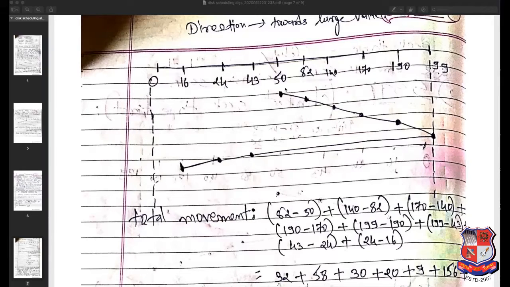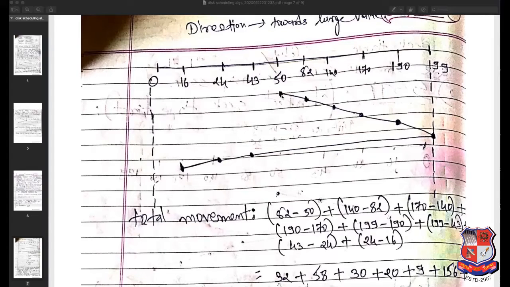The total number of tracks given in the question is 200, so the tracks run from 0 to 199. My starting value is 0 and the ending value is 199. My current head position is 50, and I start the traversal from my current position.